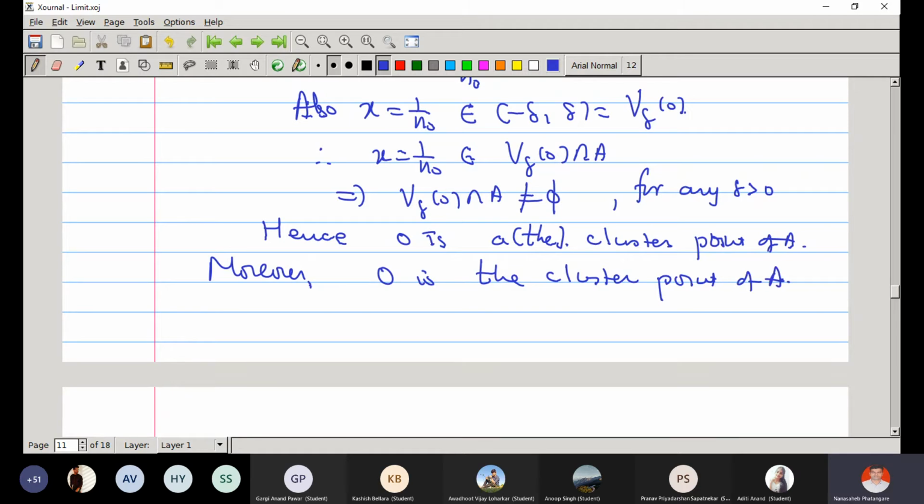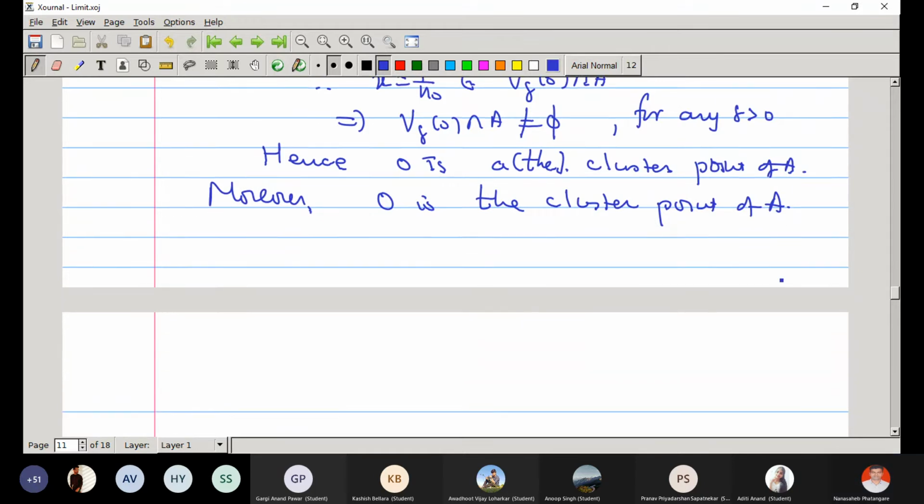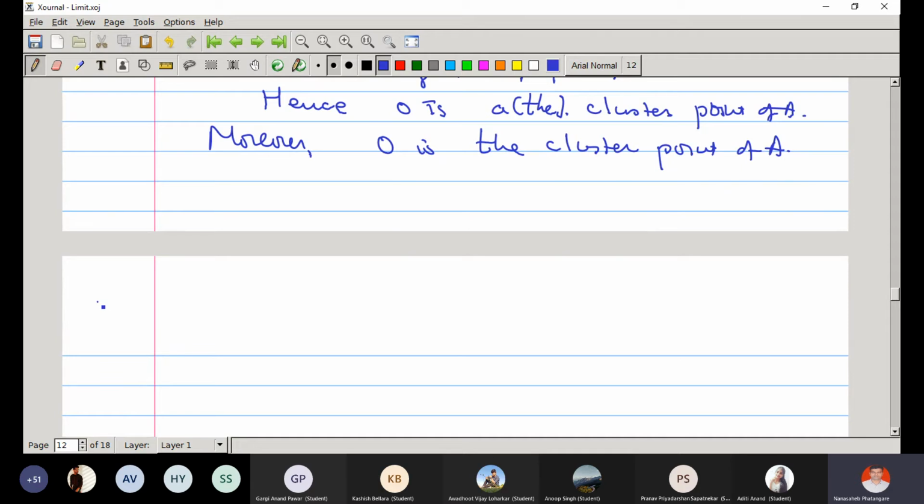Right, it is unique because this set has only one cluster point. Now the idea is clear. Yes, sir. Right. So A is equal to, for example, x such that... so what are cluster points?